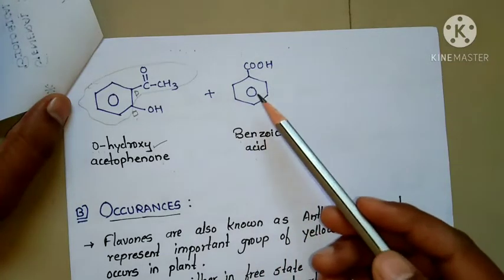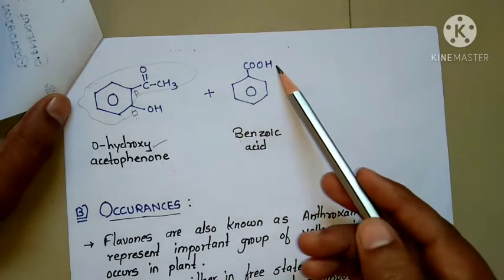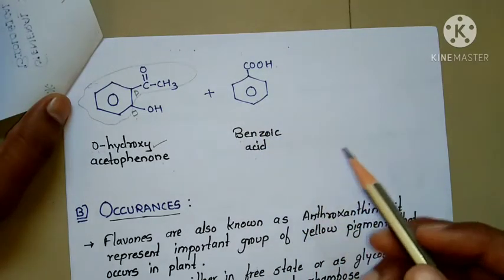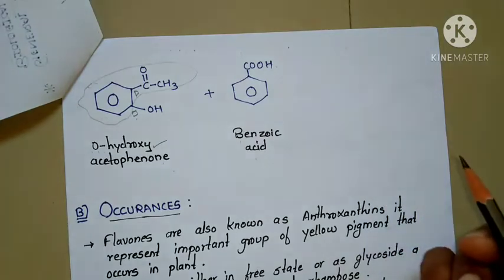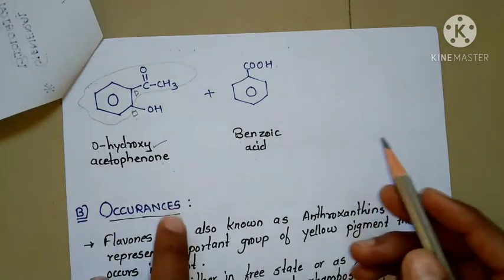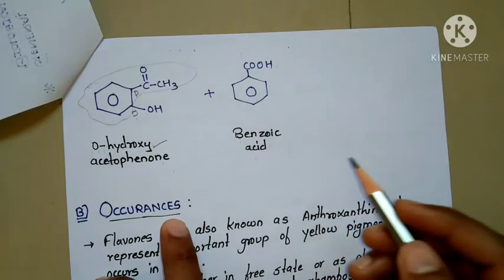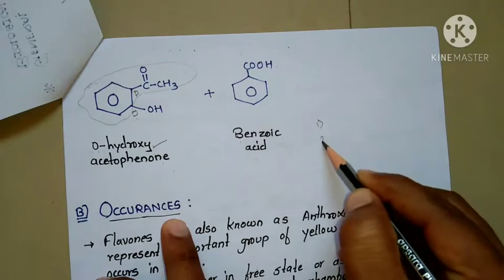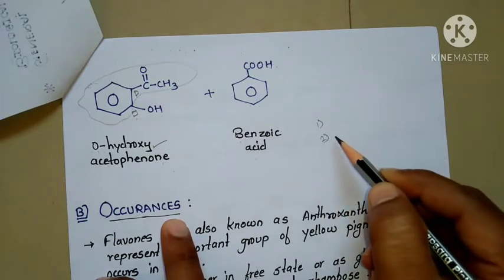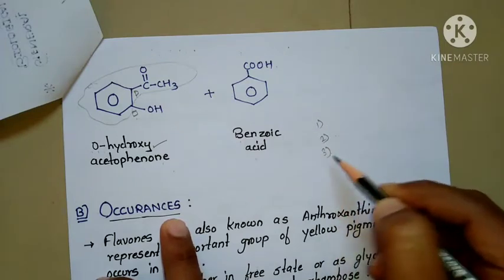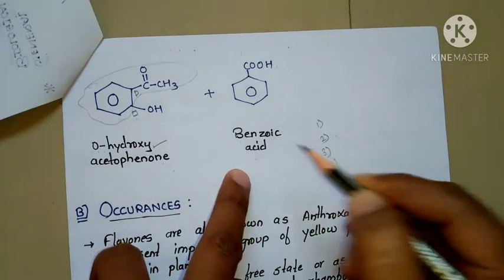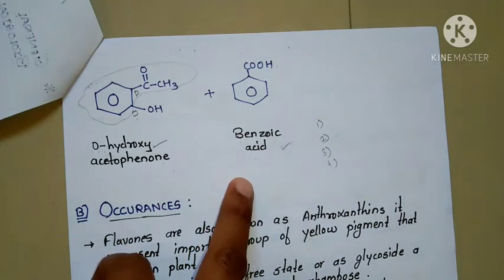What is benzoic acid? A benzene ring attached to a COOH group. That means when your flavones are boiled with alcoholic KOH, you will get salicylic acid first, then acetophenone, then o-hydroxyacetophenone, and the fourth one is benzoic acid. Remember this.